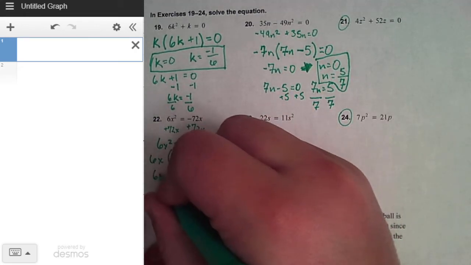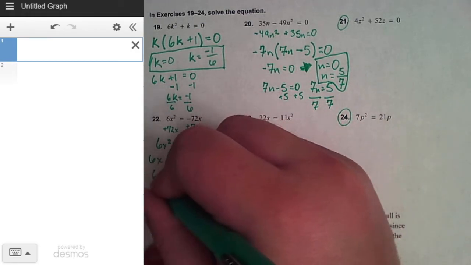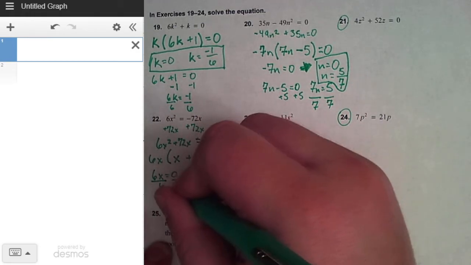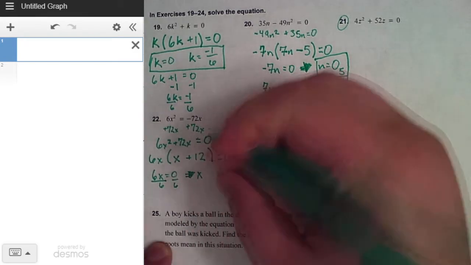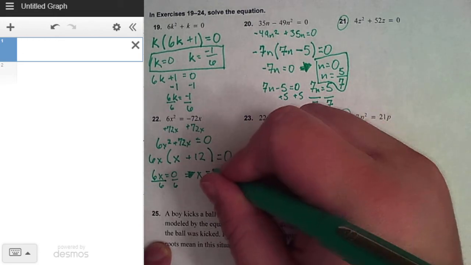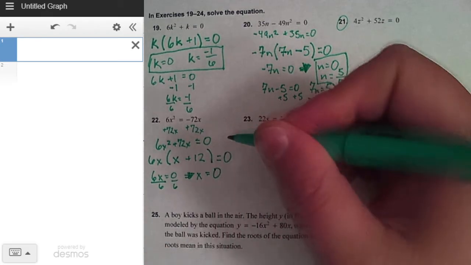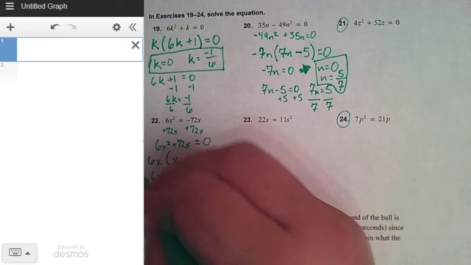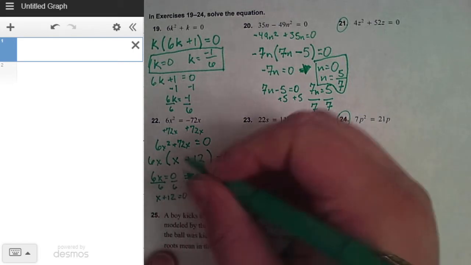If we have 6x is equal to 0, we divide both sides by 6. 0 divided by 6 leads to x is equal to 0, because 0 divided by anything, as long as it's not another 0, is 0. And then we have x plus 12 is equal to 0.